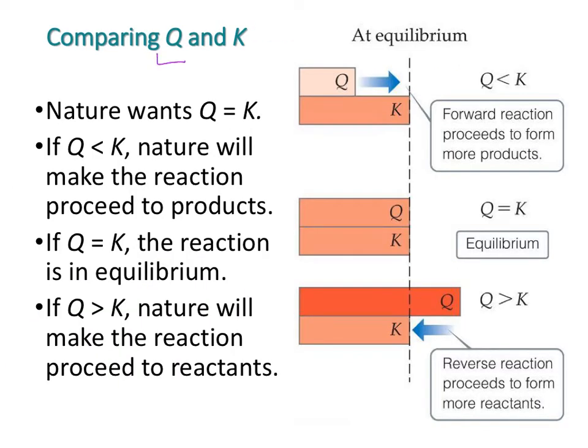So we learned about Q and K. Q is the reaction quotient at any point in time. K is specifically the reaction quotient at equilibrium. So it's the concentrations of the products divided by the concentration of the reactants at equilibrium.